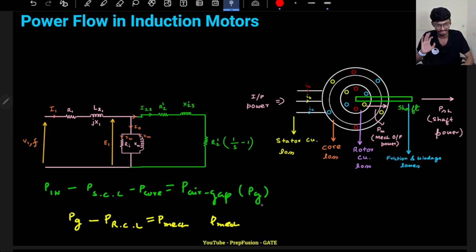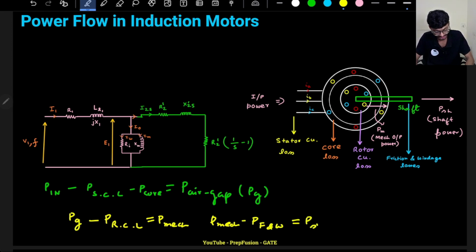We have discussed this in DC machines, because when the rotor rotates there is air friction and moving parts, so there will be a bit of losses. So we have to subtract the friction and windage loss. After subtracting this, whatever power I get is actually the shaft power, that is what you will see.